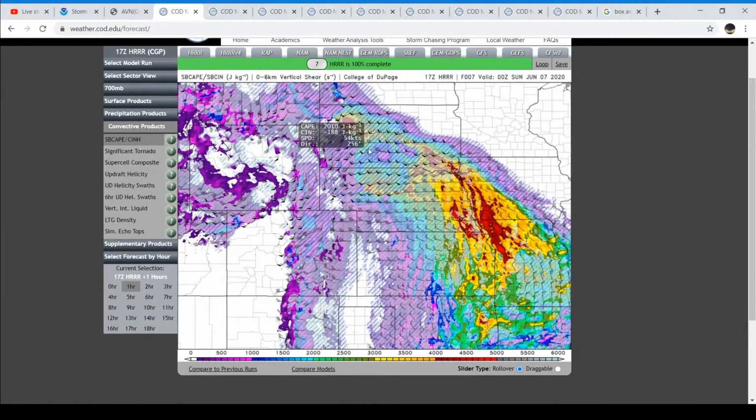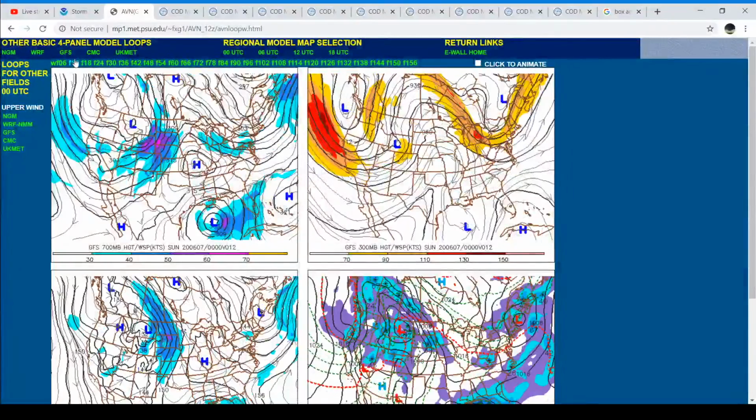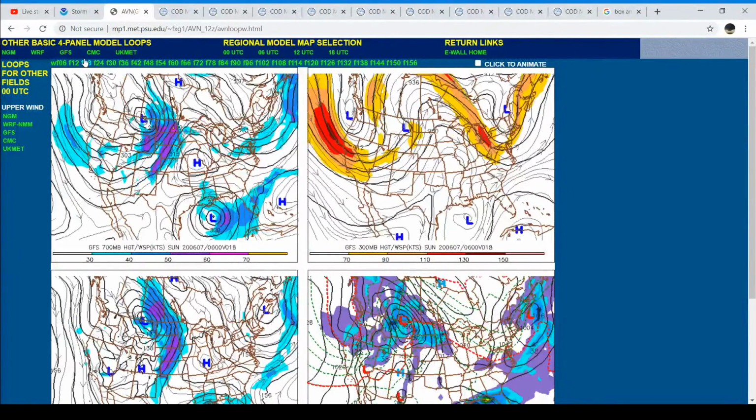The upper region, right in through here, maybe parts of northern Nebraska. So, well, and we can see as the afternoon continues, the shear gets stronger. So this definitely will help with these storms.